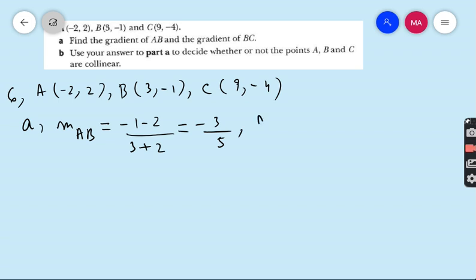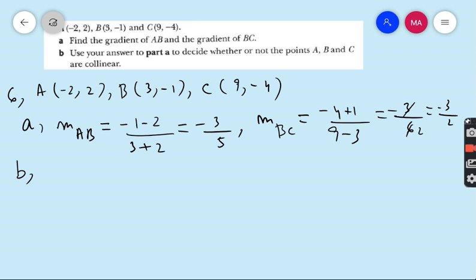And the gradient of BC is y2 minus y1 upon x2 minus x1. Minus 4 plus 1 is minus 3, 9 minus 3 is 6, minus 3 upon 6, which is minus 1 upon 2. That's it. This is the answer of part A.